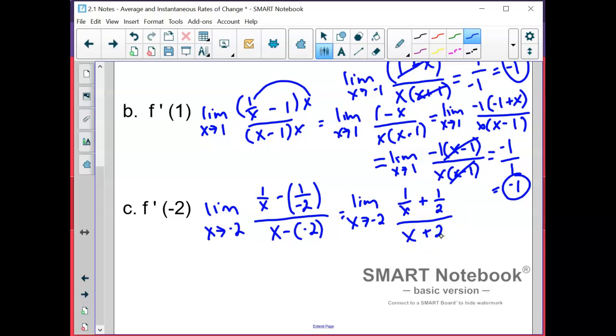And so for this one, since we have this fraction on the second part here, what we really want to multiply by here is our least common denominator. And so that would be 2x.